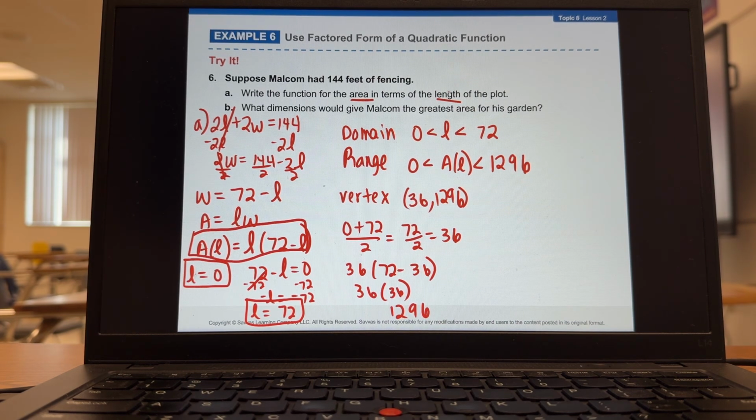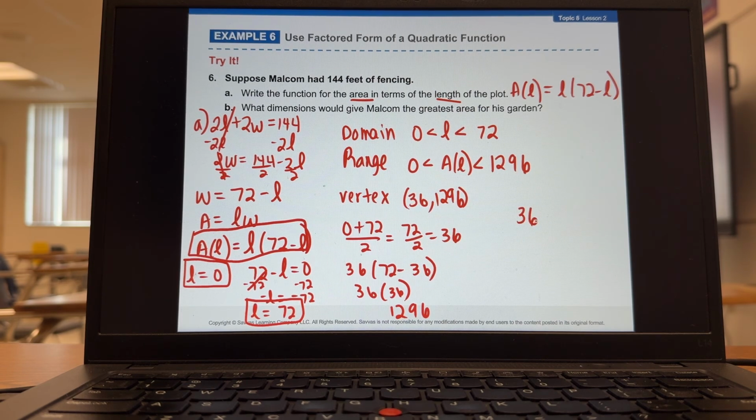Write the function for the area. A of L equals L times 72 minus L. And what dimensions would give Malcolm the greatest area? Well, I know it would be 36 by 36.